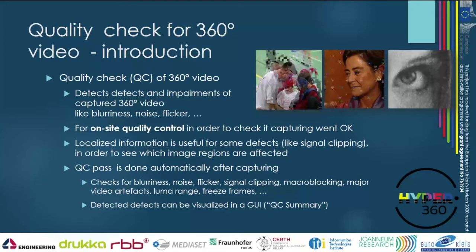For 360 video, it's good for some defects to also have localized information, in order to see which of the image regions are really affected by the defect.